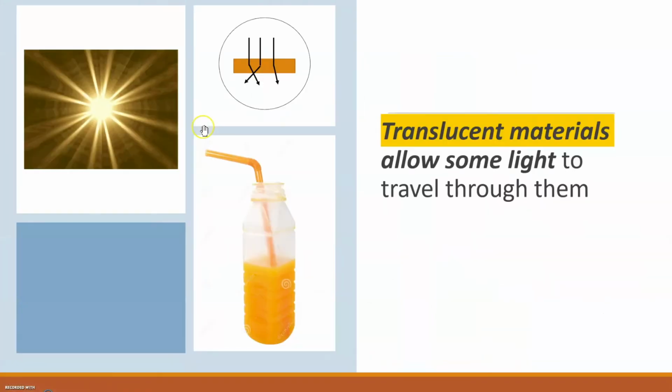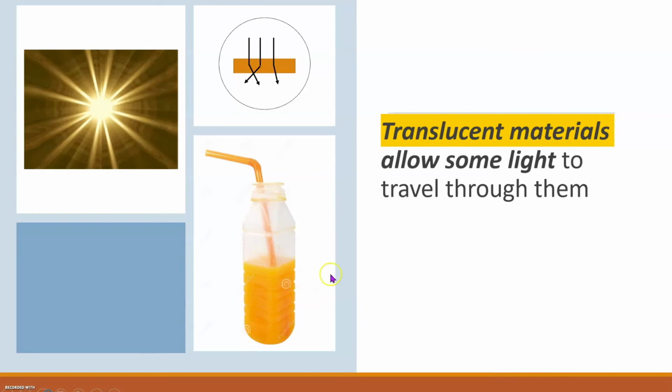That's why in our example right here, which is the plastic bottle, we can still see right through it, but it's not very clear, not like the transparent material, because a translucent material does not allow all of the light to be transmitted.